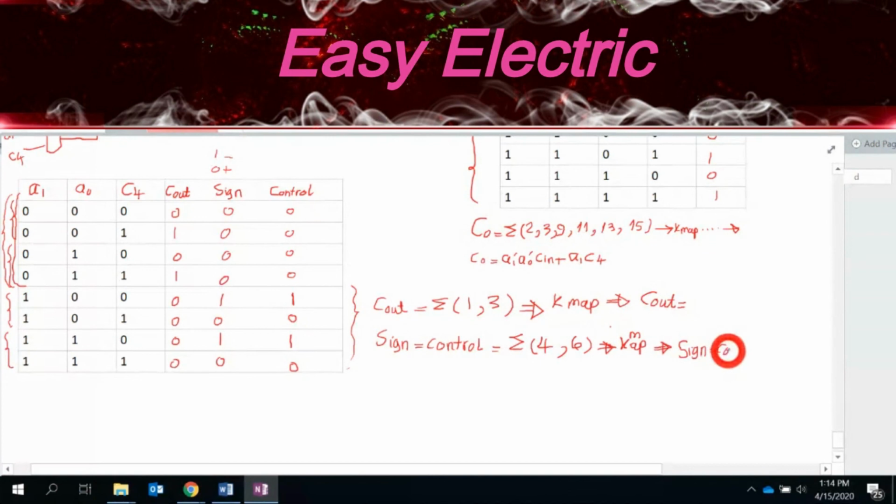The sign equal to control equal to, this is what I got. For the sign and also for the control, I got A1 and C4 prime.